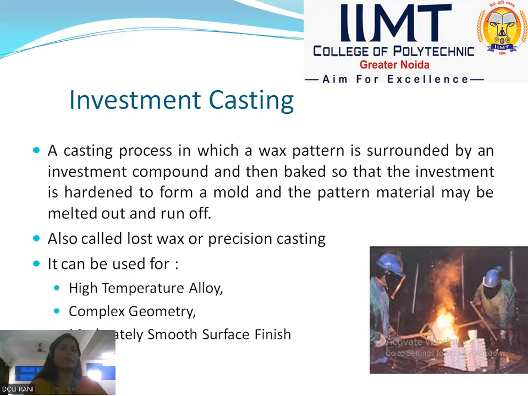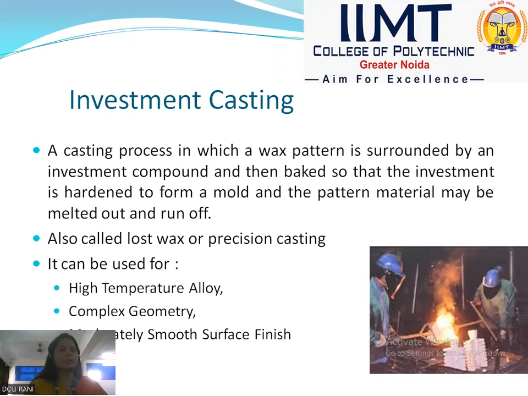That's why this is called investment. It means we are saving the material, and we are manufacturing that type of material which is very precious and which is giving very good accuracy. Precision is given in this casting process. That's why it is called the investment casting process.